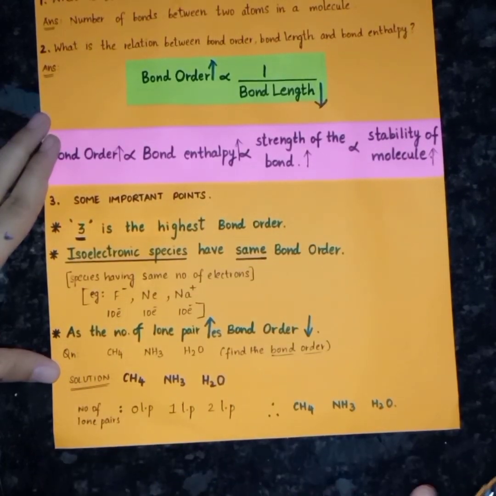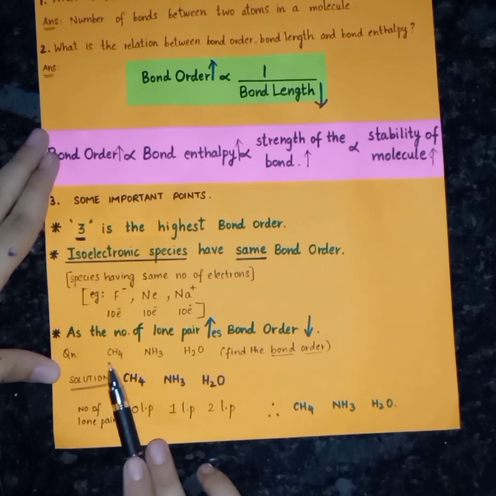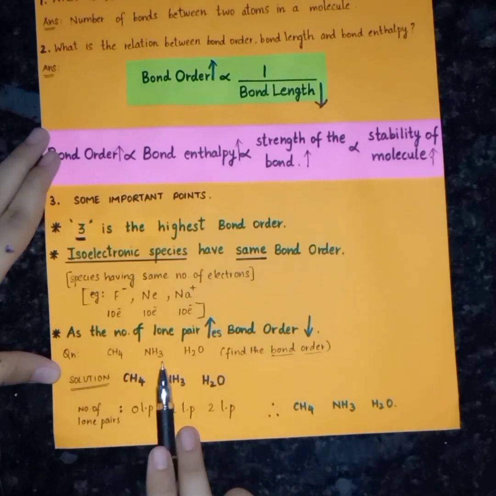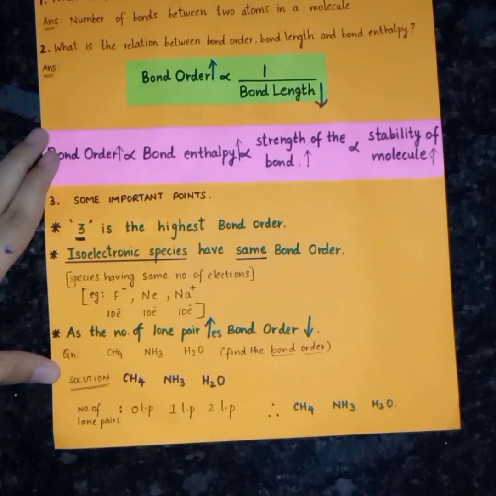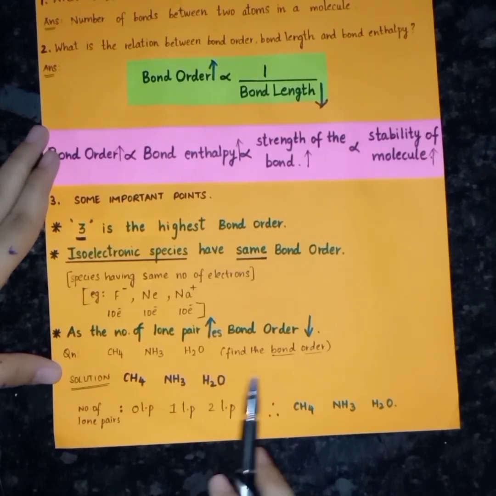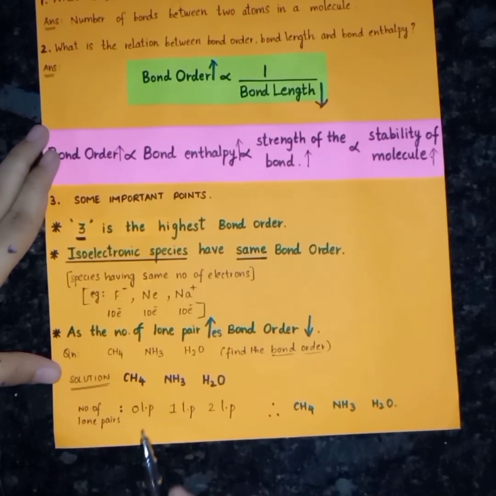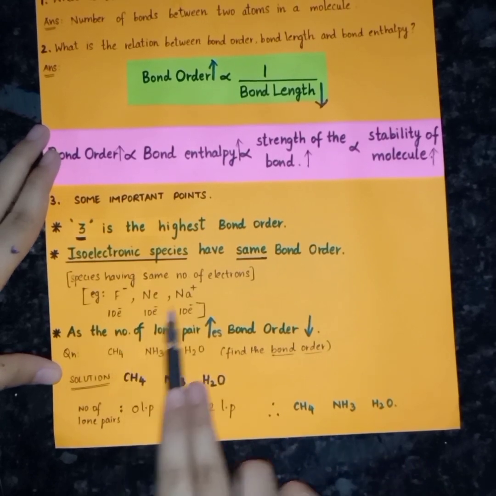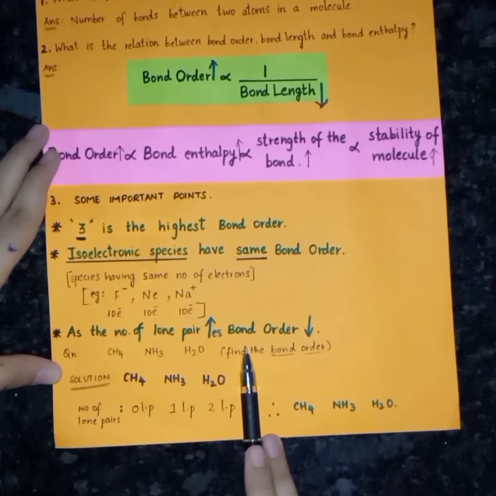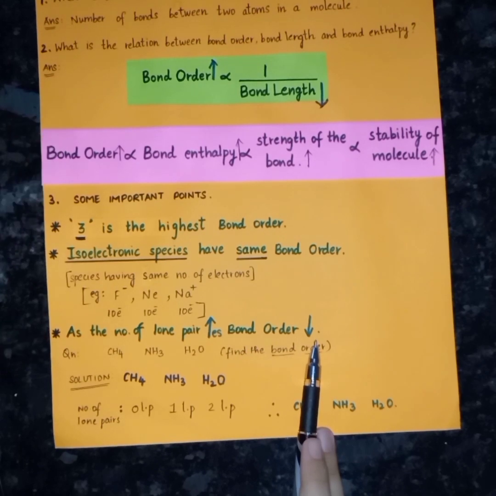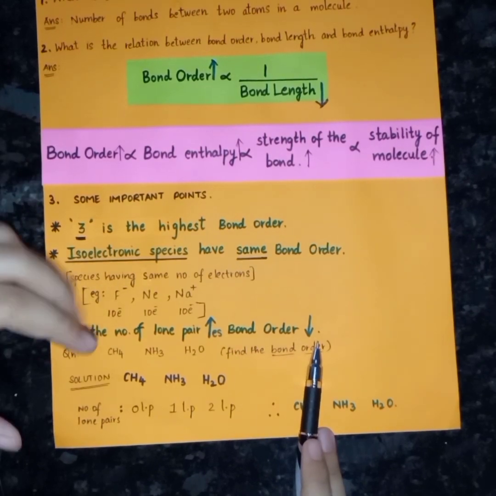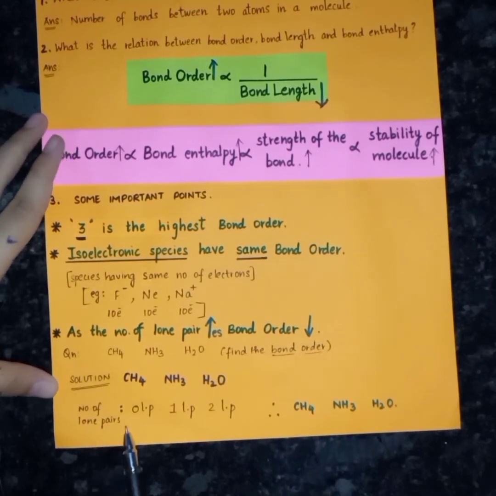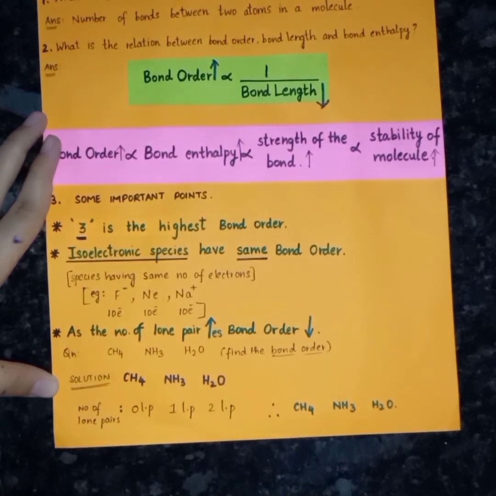Find the order of bond order for CH4, NH3, H2O. So, how to find the order of the bond order? We know that as the number of lone pairs increases, bond order will decrease. So, first let us find the number of lone pairs. The number of lone pairs in methane is 0, in ammonia is 1 lone pair, and in H2O there are 2 lone pairs.